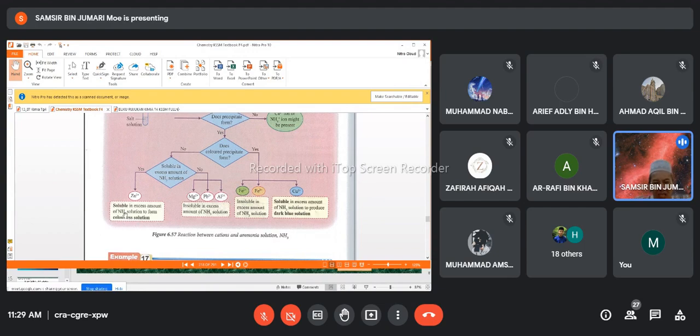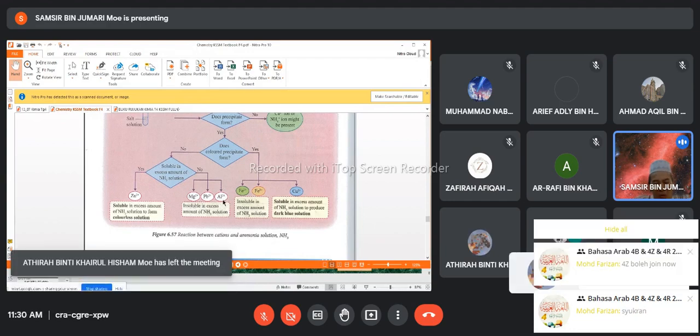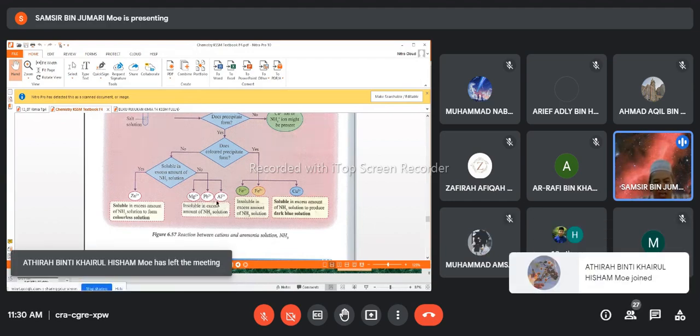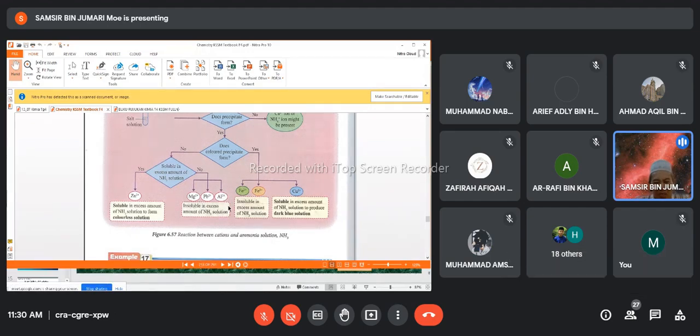Okay, kat situ. Jadi makna yang lain ini, for example, magnesium ion, lead 2 ion and aluminum ion, all of these cation will form white precipitate not soluble in excess ammonia aqueous solution.